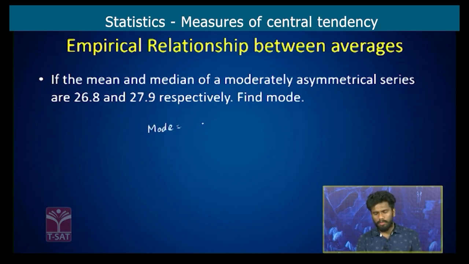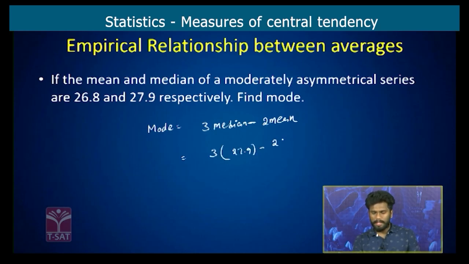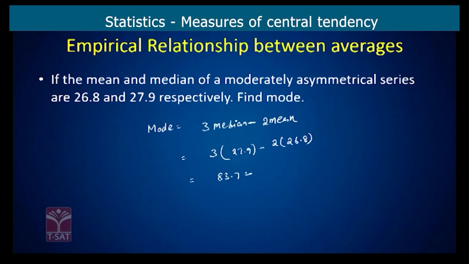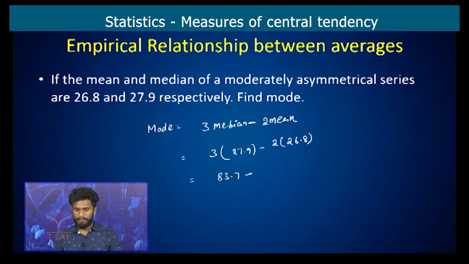Mode is equal to 3 median minus 2 mean. 3 times the median, which is 27.9, minus 2 times the mean, which is 26.8. That will be equal to 83.7 minus 53.6, which is equal to 30.1. So this is the mode.